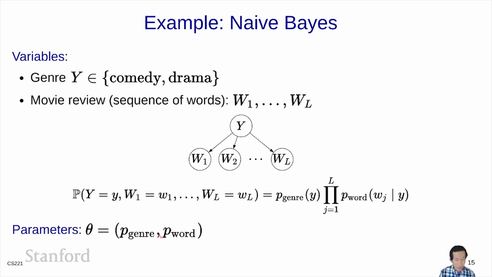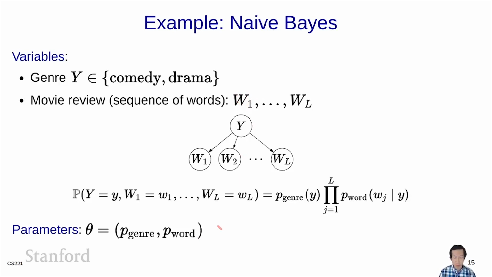So the parameters of this Bayesian network are p genre and p word. Now you can think about doing a little exercise of how many parameters there are. You look at theta and say p genre, well, that's two parameters because there are two genres. P word is 2 times the number of values that wi can take on.